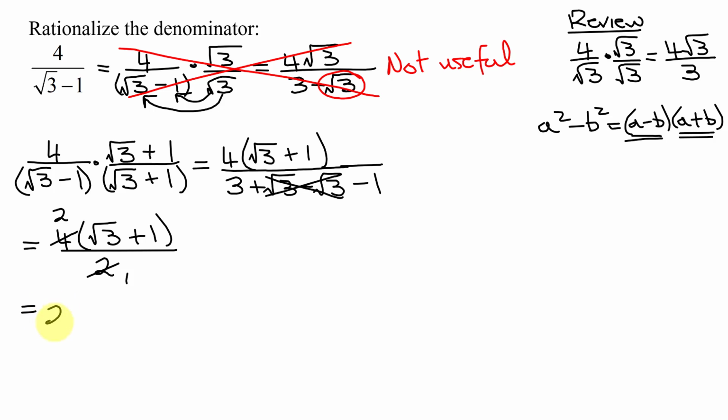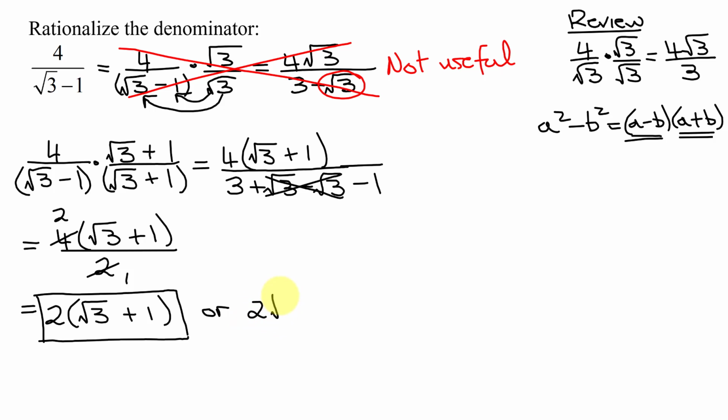So my answer is 2 times the square root of 3 plus 1. And that is one form of writing my answer. Or I could have distributed the 2 in and got 2 times the square root of 3 plus 2 times 1 is 2.